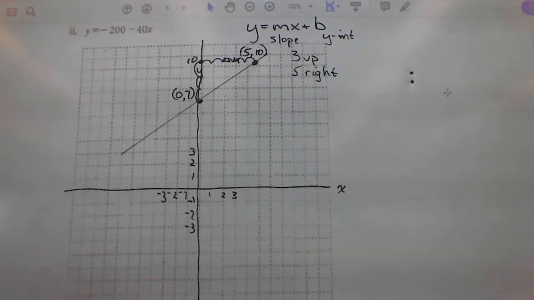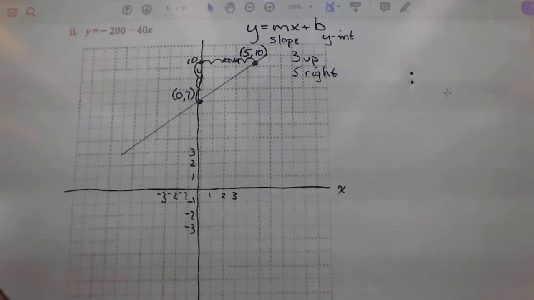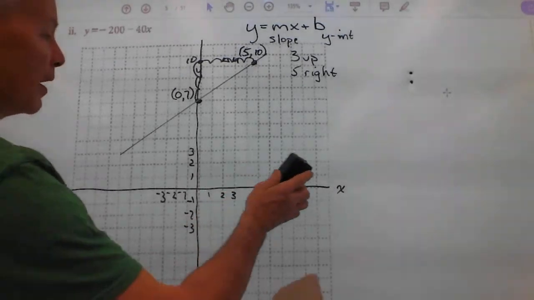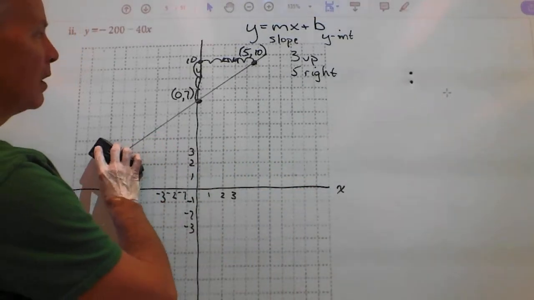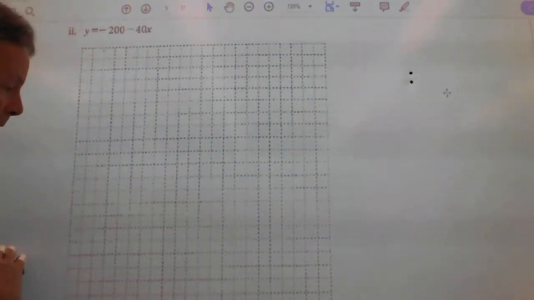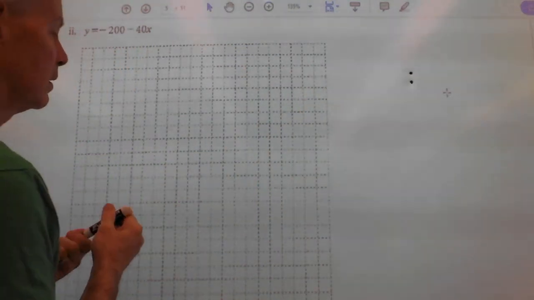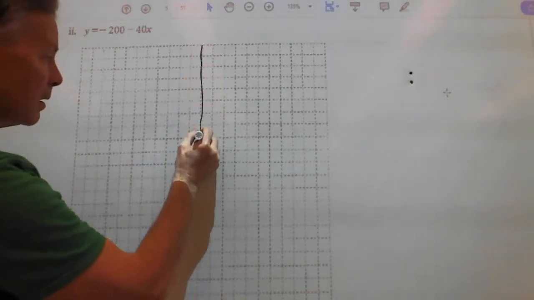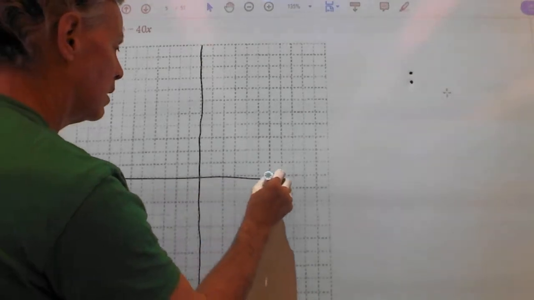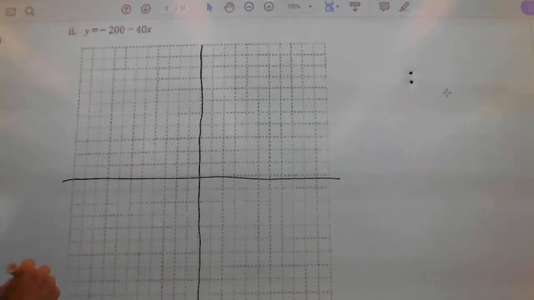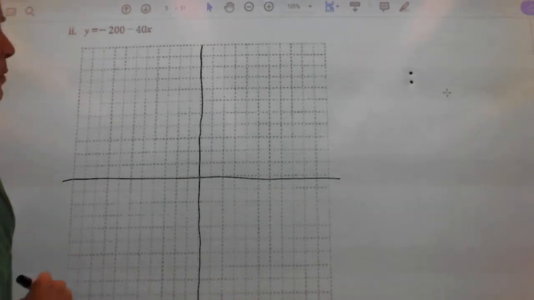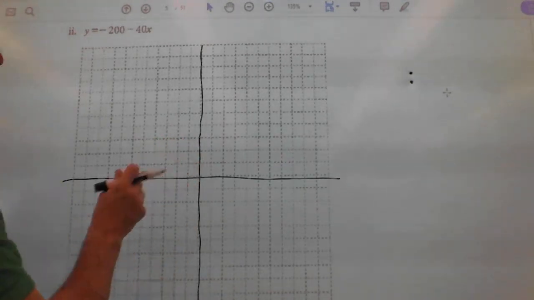This one is exactly the same. It is in slope-intercept form. It will have a slope of -40 and a y-intercept of -200, so why don't we do it? So very quickly, there's our y, there's our x, and I'm going to go up by 20s just so that it'll fit.